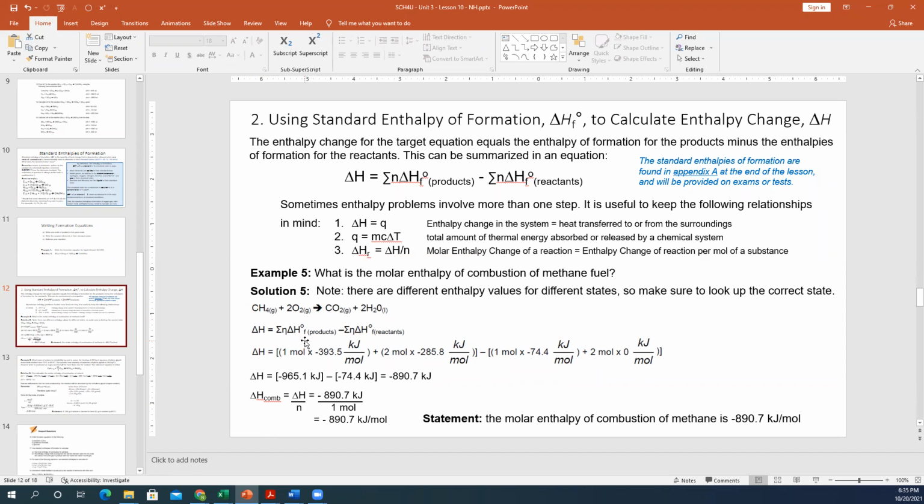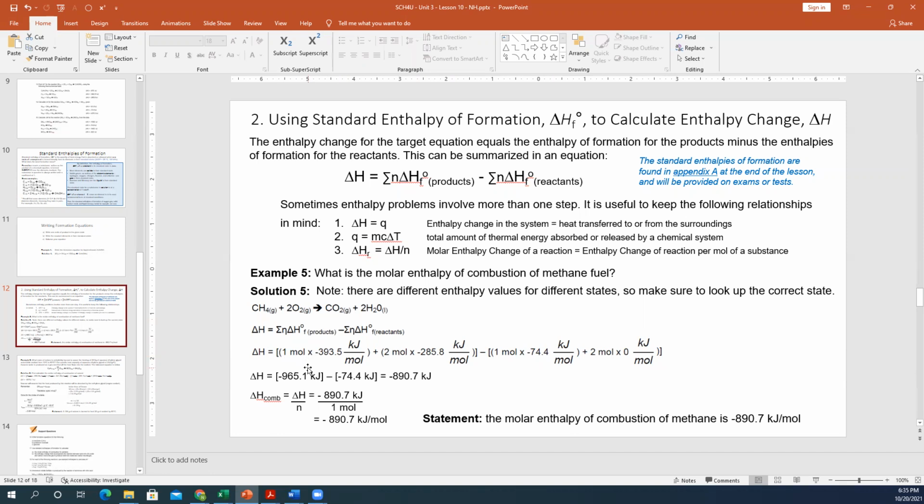that the enthalpy change for our target equation equals the enthalpy of formation of our products minus the enthalpy of formation of our reactants. So here we've done our products minus our reactants. Let's look at it one term at a time.